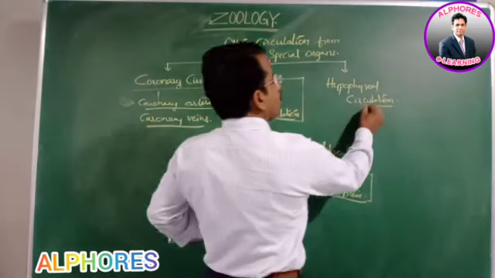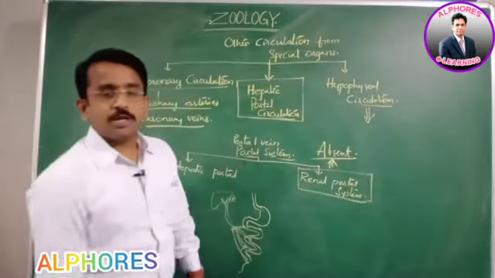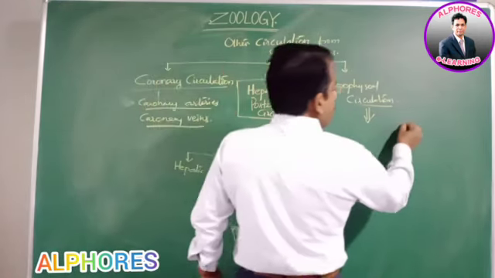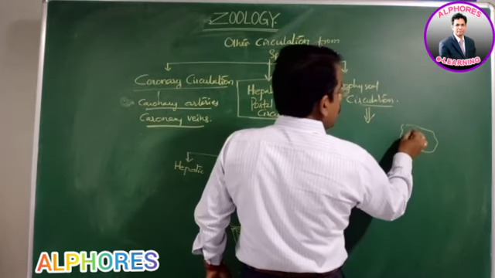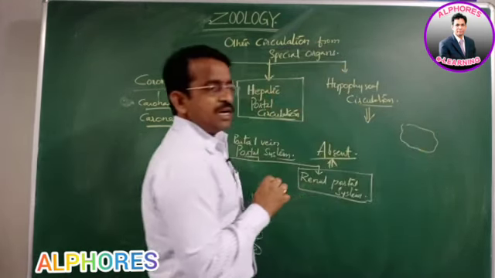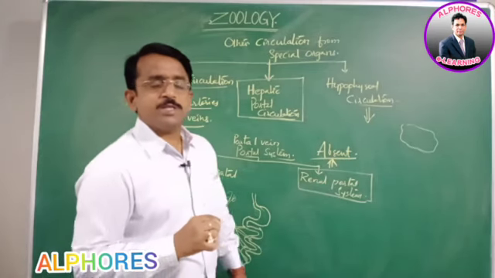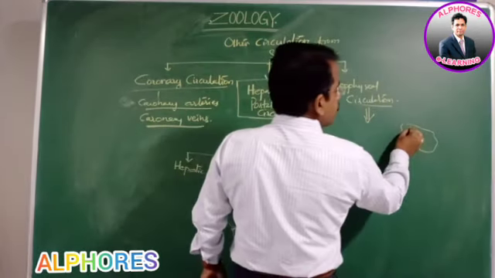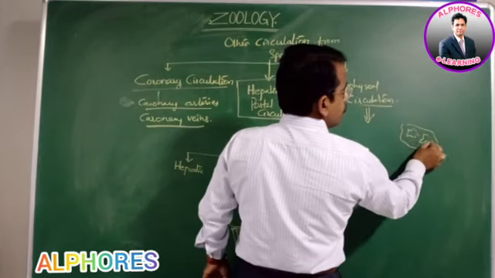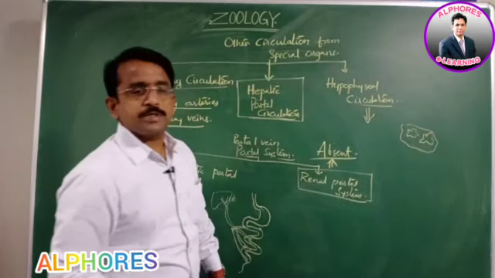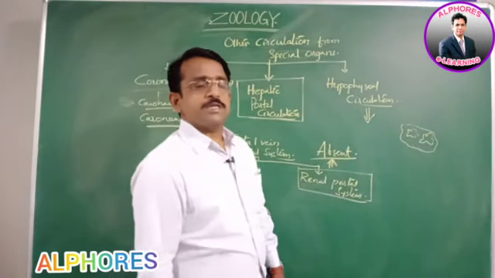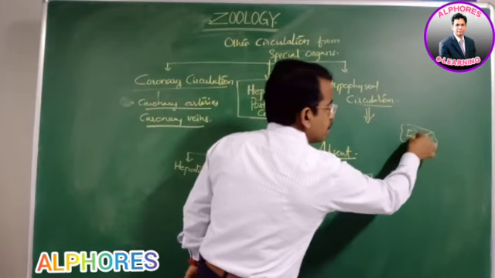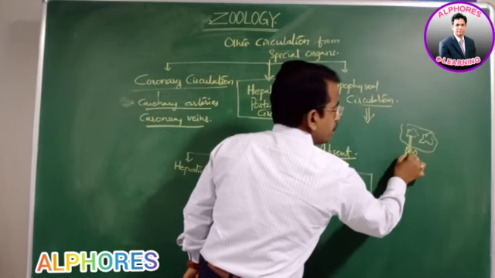The third system is the hypophyseal circulation. Hypophyseal circulation is one of the circulations. In fact, it is discussed that in the hypothalamus there is a nucleus, that is, neurosecretory cells are present in the hypothalamus, which synthesize hormones.